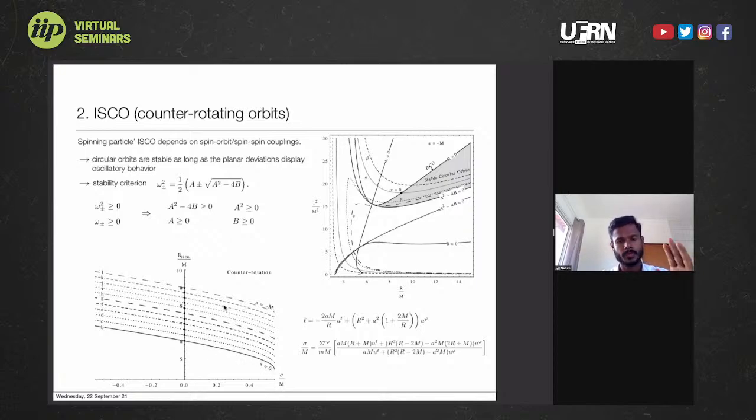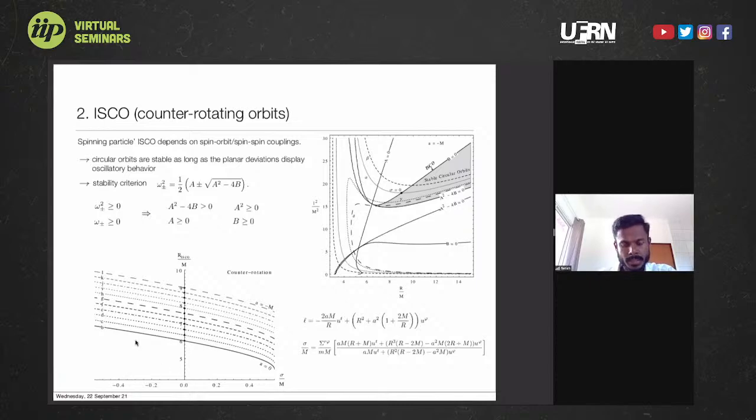Here, in these curves B, C, D, E, F, G, H, I, J, K, L, I have plotted for 11 different values, starting from a equal to 0 to a equal to minus m in intervals of 0.1. From this, what we realize is that when sigma over m is positive, the spin of the particle is aligned parallel, and when sigma over m is negative, the spin is aligned anti-parallel.